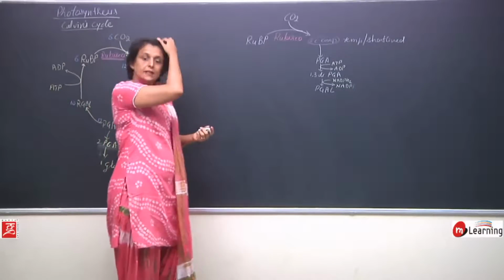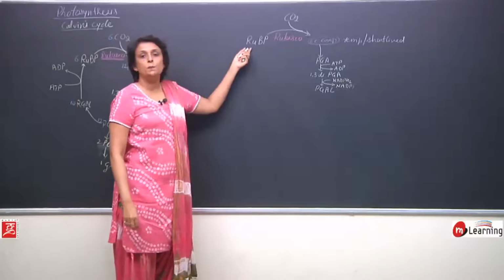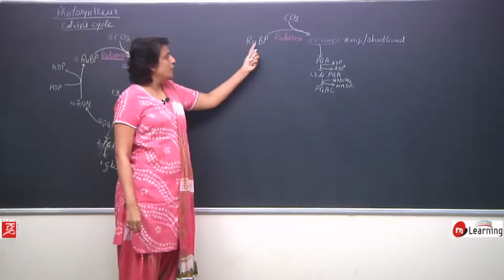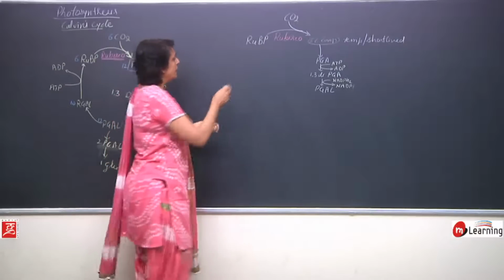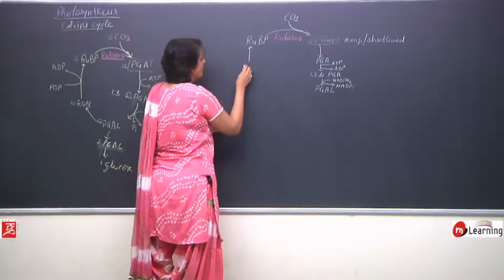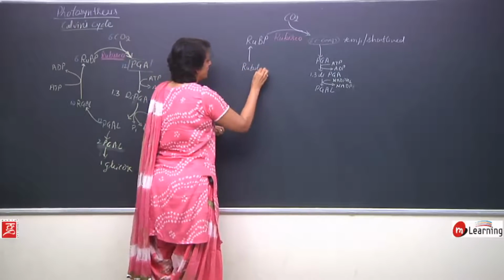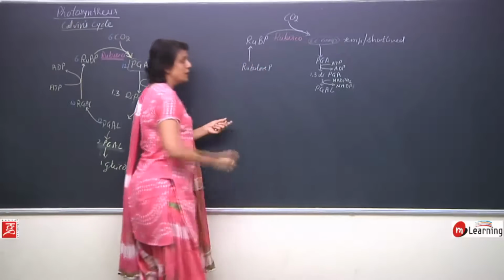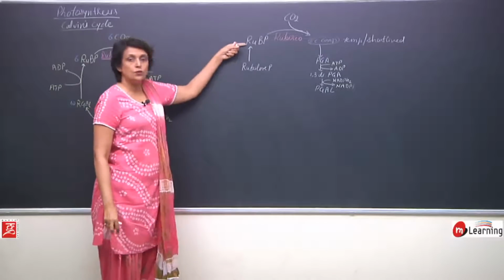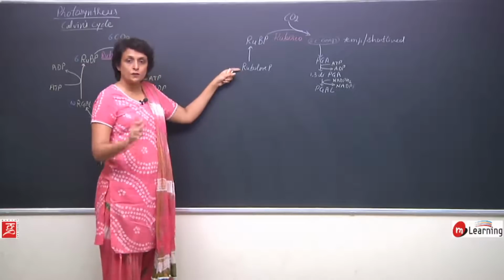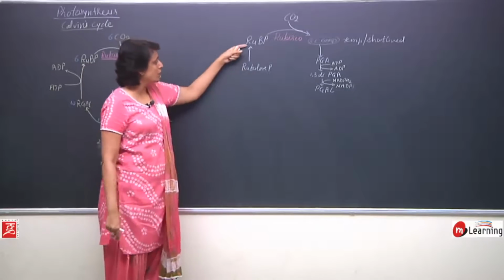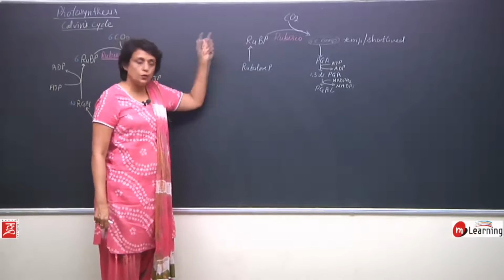Now let us talk about this RUBP regeneration. Rubulose biphosphate is formed from monophosphate. So it is called rubulose phosphate. So rubulose phosphate gives rise to biphosphate. Rubulose phosphate is a single phosphate containing molecule, and biphosphate has 2 phosphates.